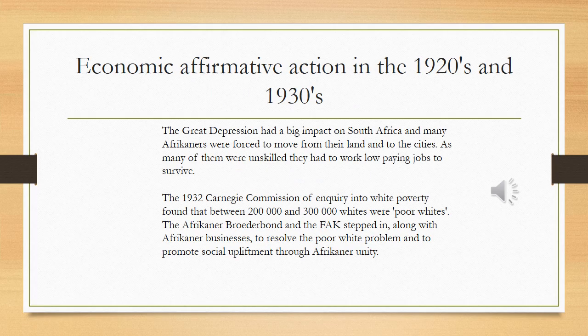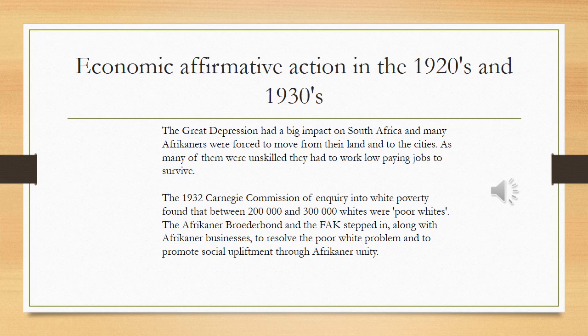All right, boys and girls, enough about the movements. Now we move on to what we call economic upliftment in the 1920s and also the 1930s. Remember, in our concepts, we spoke about the Great Depression.